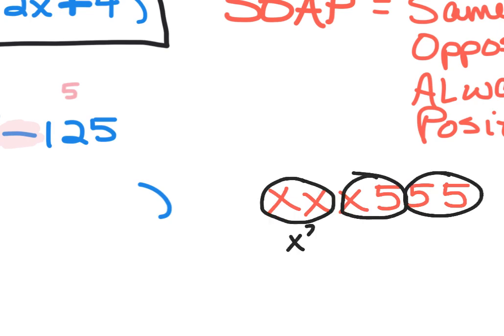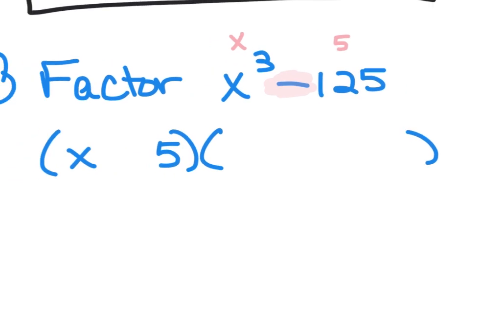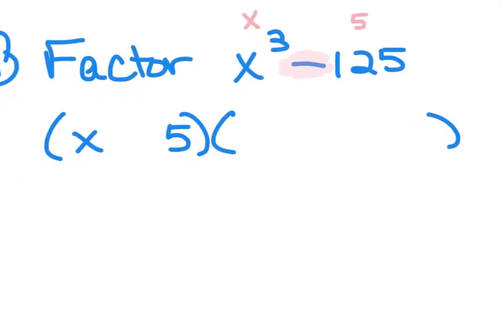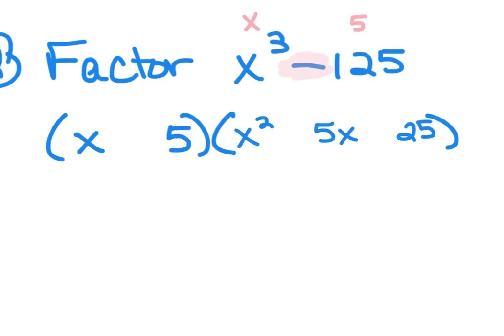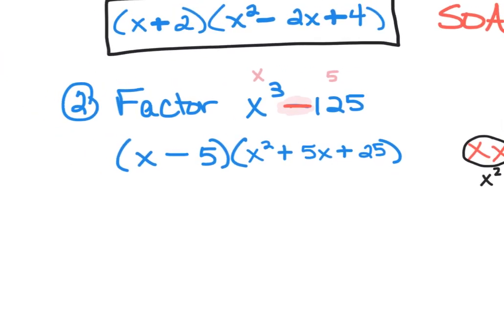So I get x squared, 5x, and 25, and those are the 3 things in the trinomial here. Then I'm going to use SOAP. I've got a subtraction here, so the first sign is the same, the next sign is the opposite, and the last sign is always positive.